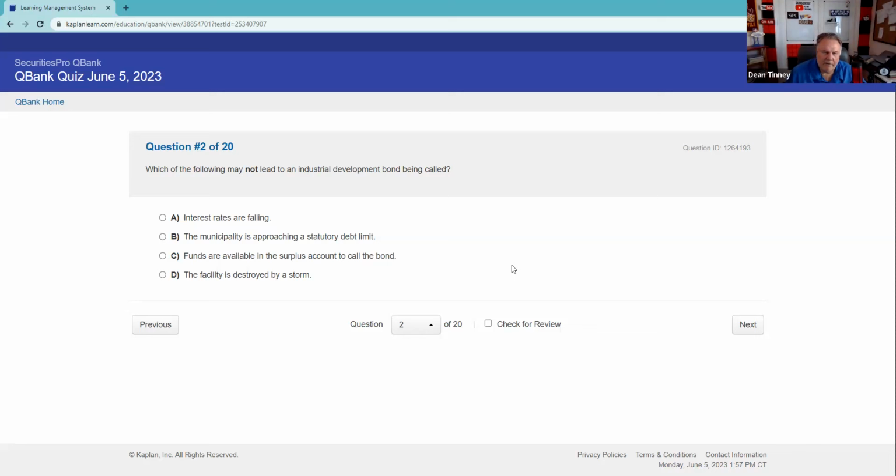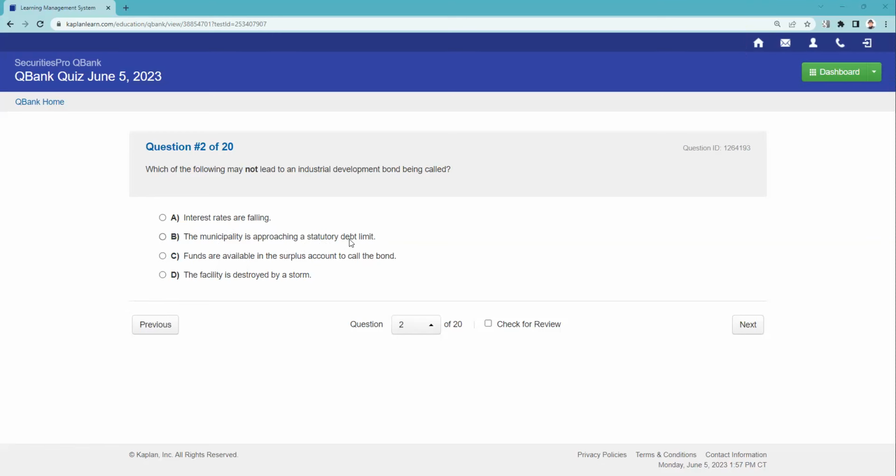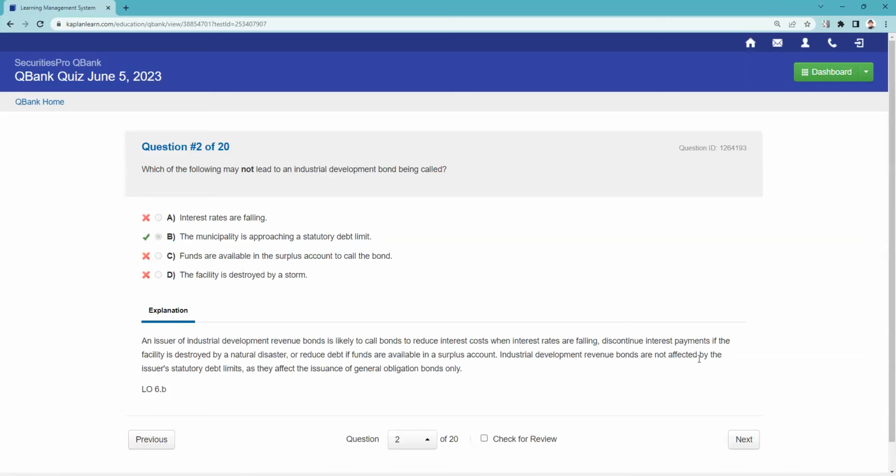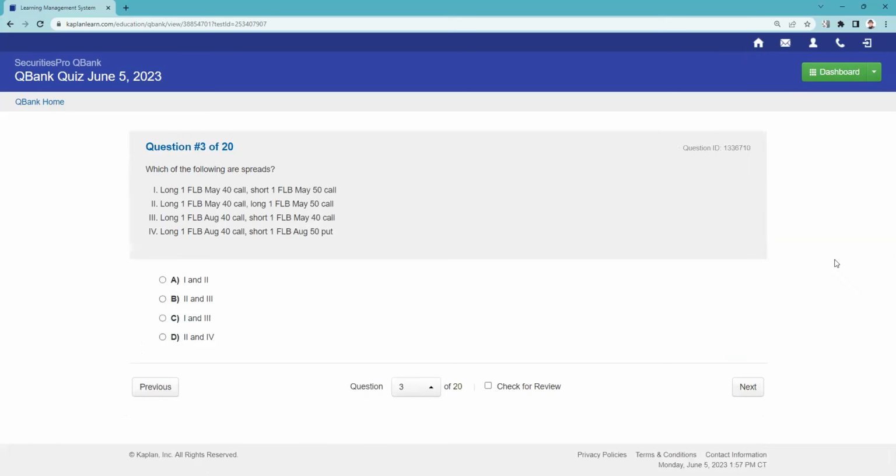A lot of these questions like this one are about distinguishing between muni GOs and revenues. This is asking you, one of these things doesn't go to a revenue bond. And the thing that doesn't go to the revenue bond is the statutory debt limit. The statutory limit goes to a GO bond. Now, I don't like the way they asked that, but fair game. So that was a tough one. That was really tough.